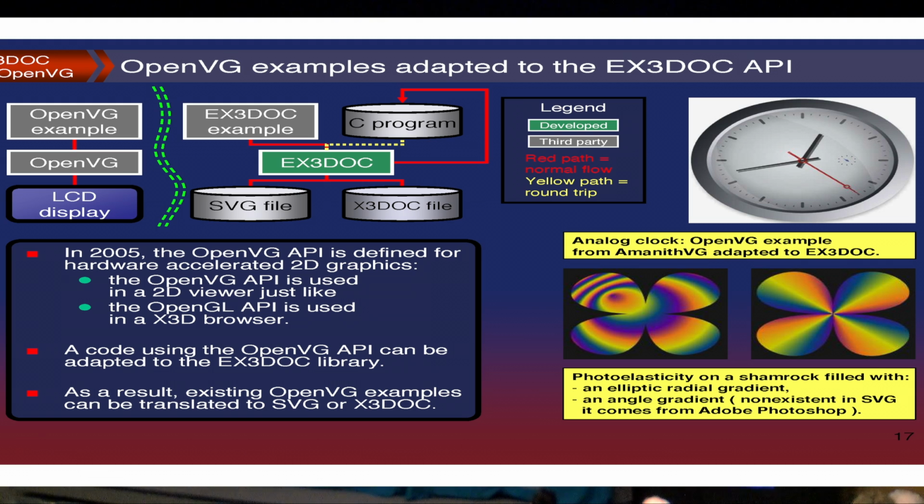So the first case is to produce SVG from OpenVG. This is a clock from a company in 2006, and here this clock is in a three-dimensional environment. So the clock is flat.